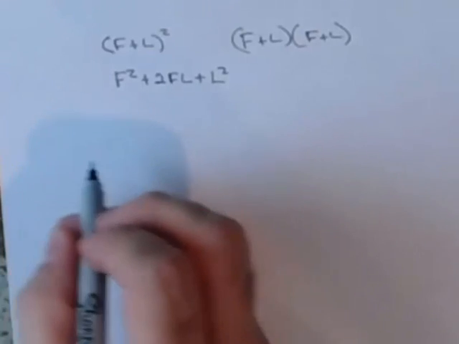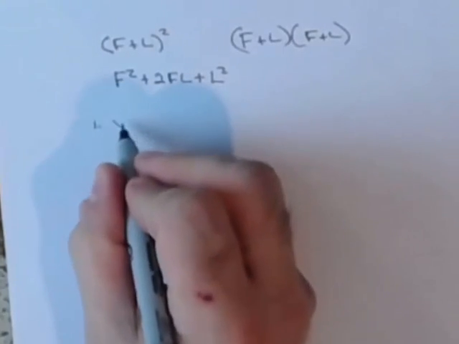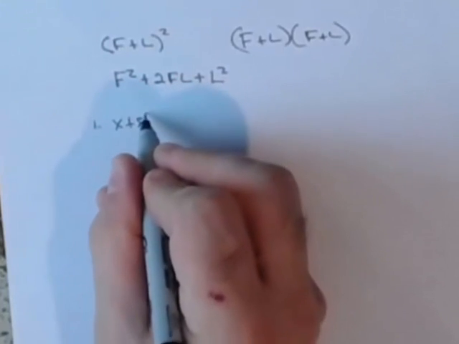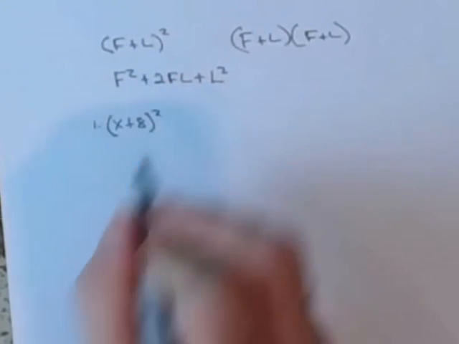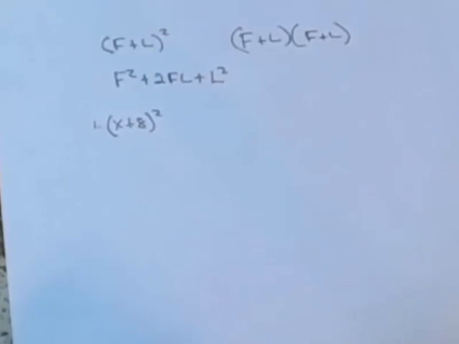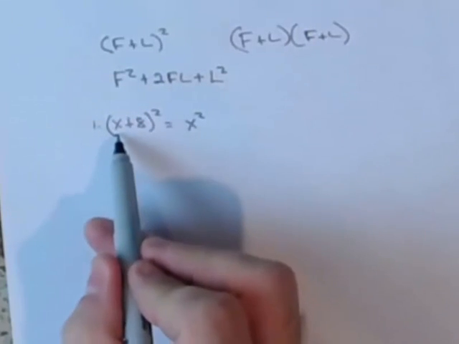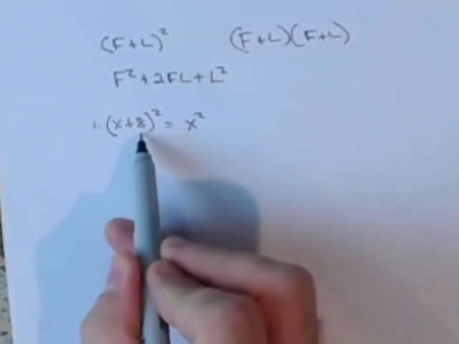So, question number 1. They'd like us to square x plus 8 quantity squared. So using this format, that's going to produce x squared, because the first term is x, the last term being 8.